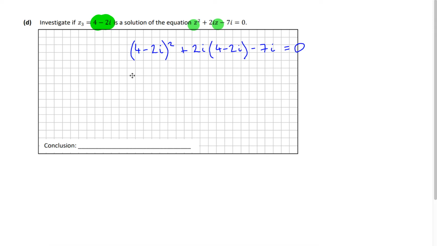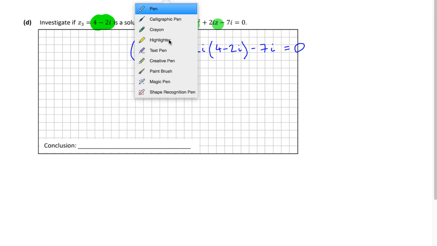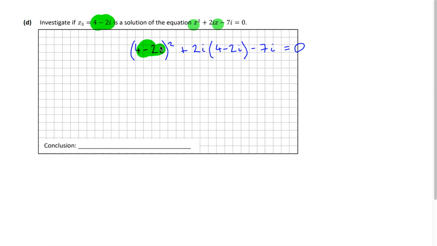So we're going to see, does this give us 0? Again, just to be clear, we've substituted that in instead of z in the equation. So just watch out for these. When you're squaring a bracket, it's the bracket multiplied by itself. This comes up in a lot of other areas of algebra as well.